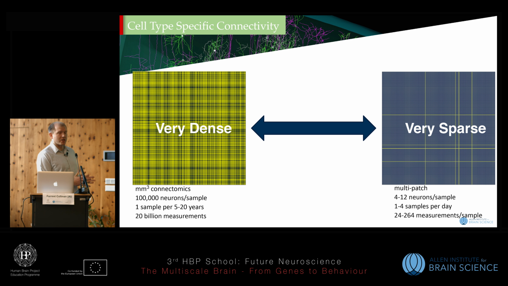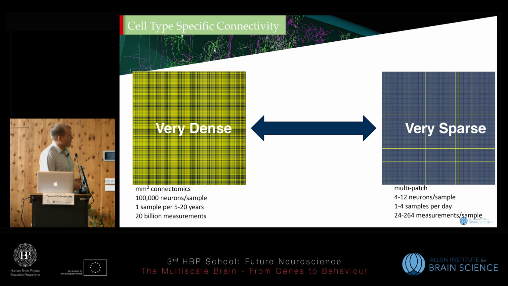So multipatch electrophysiology represents one extreme of the spectrum, where in any particular experiment you're measuring maybe between 4 and 12 neurons per sample, and you can do a few samples per day per experimenter. So that's 24 to 264 measurements of conductivity per sample. If you scale this up, this is something that can handle maybe thousands of measurements per year, depending upon how many resources you want to put at the problem.